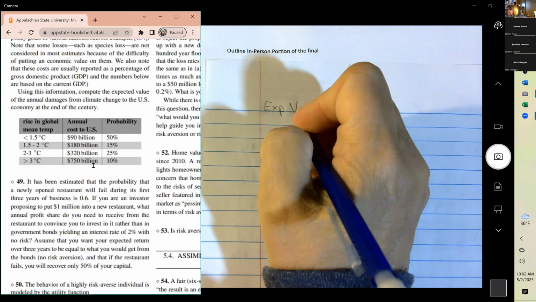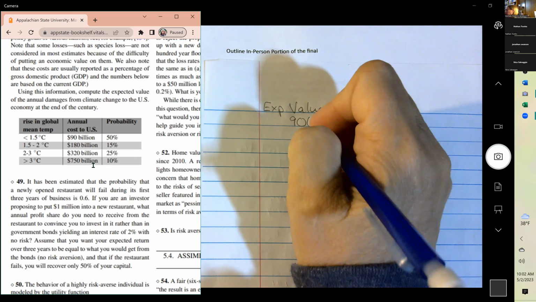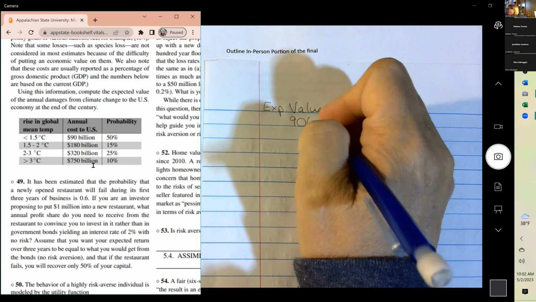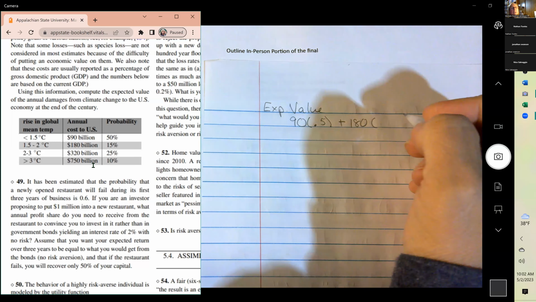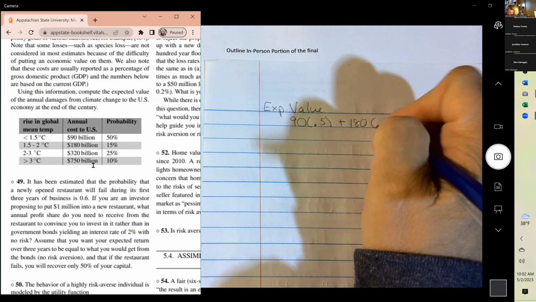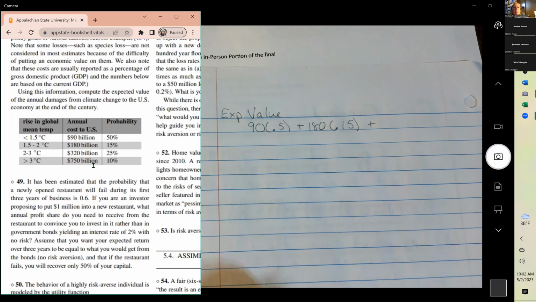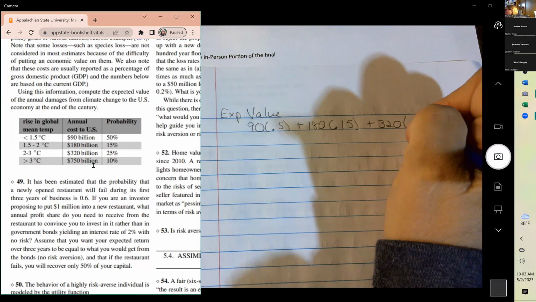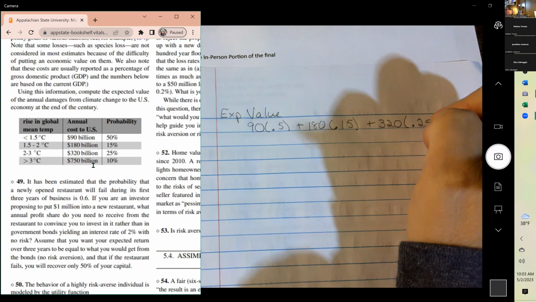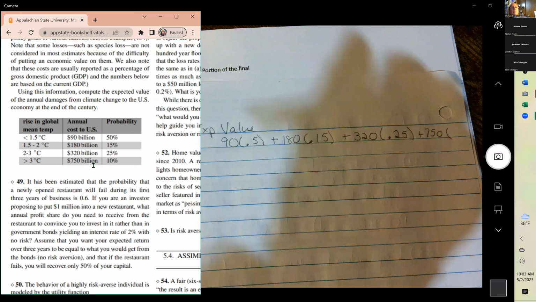That means we could take 90 times 50 written as a decimal, 0.5, plus the next one, 180, times the decimal 0.15, plus 320, times a quarter, and the last one, 750, times 0.1.